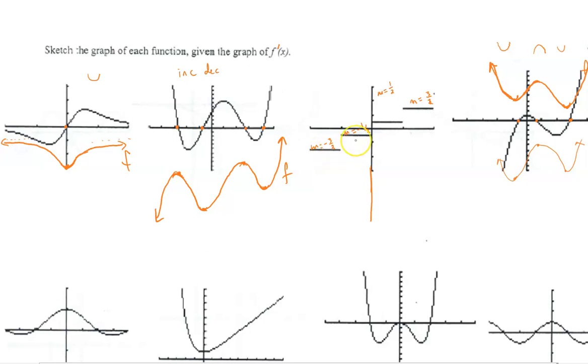So from -2 to -1, I need a slope of -3/2. I didn't put any y values on here, so we'll say that's about -3/2. Okay, and then from -1 to 0, we should have a slope of -1/2. So still a negative slope, but not as steep.